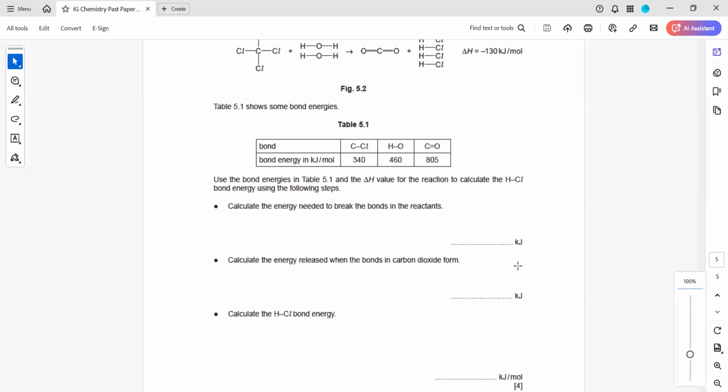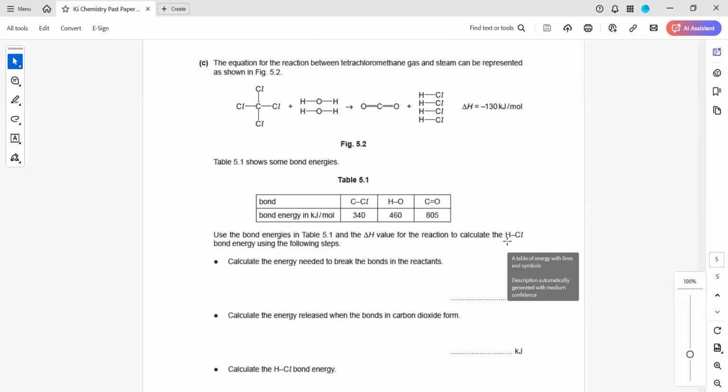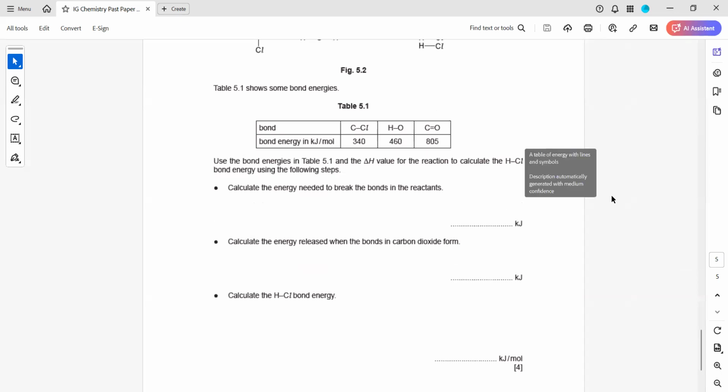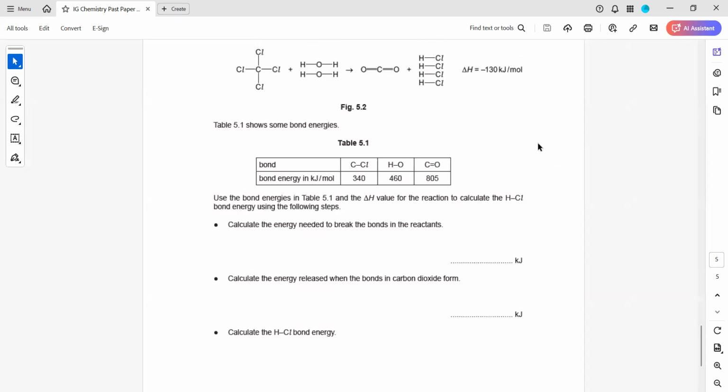The next is to calculate, the equation is there, the energy to break the bonds, the energy released when the bonds in carbon dioxide form, and then calculate the HCl bond energy. So first, calculate the energy needed to break the bonds in the reactants. How many bonds do we have? 1, 2, 3, 4 C-Cl bonds.